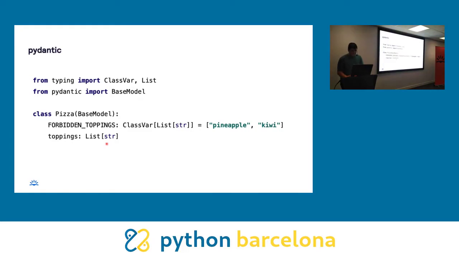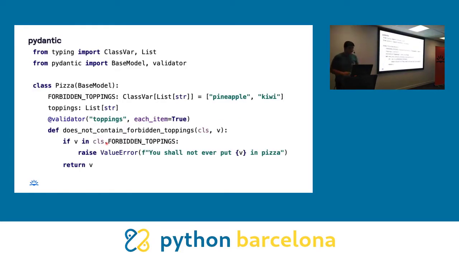To solve that, Pydantic has a special decorator that is called validator. With validator, we can define requirements that we want to check before the object is created. The first parameter is the property of the class that we want to check.